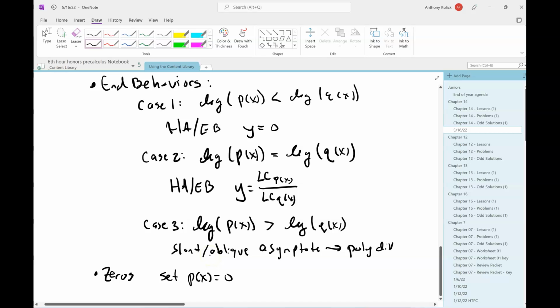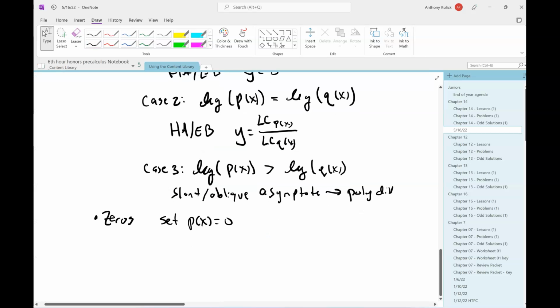Next thing we're going to be looking for is the zeros. To find those, we're just going to take the numerator, set it equal to 0, and solve. For the y-intercept, we're just going to plug 0 in for x. And then the last thing we might have to worry about, it's rare, but it can happen, is removable discontinuity.